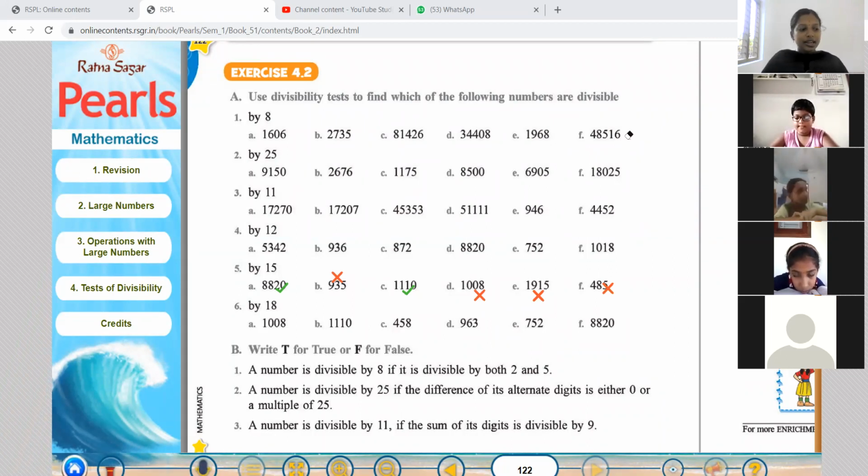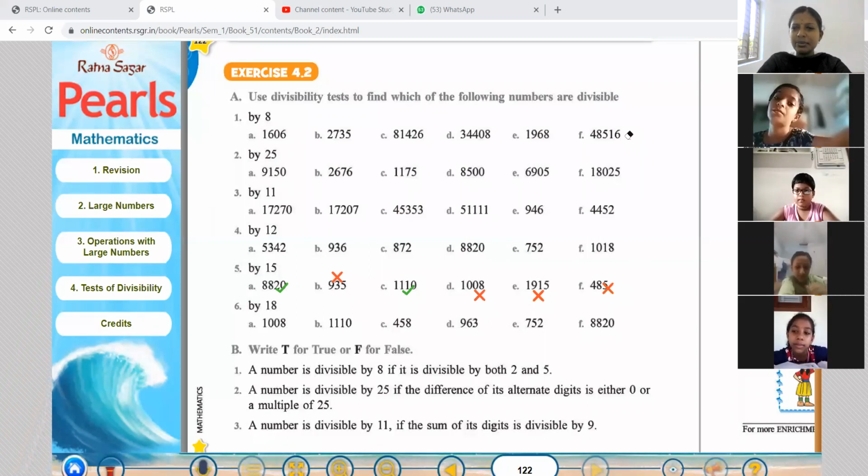Okay, now, do you need more examples to check divisibility by 15? Is there any need of more examples? No, miss. It's very simple, is it? We know the divisibility by 3 and divisibility by 5, and hence we can say the divisibility by 15. Yes.